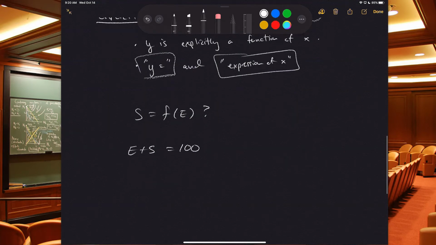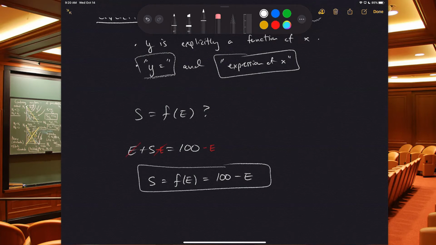So how would I solve for S? I would subtract E from both sides, use the balance principle, and I'd get S equals 100 minus E. So here we'd see that S is a function of E, and we can write it explicitly like this.